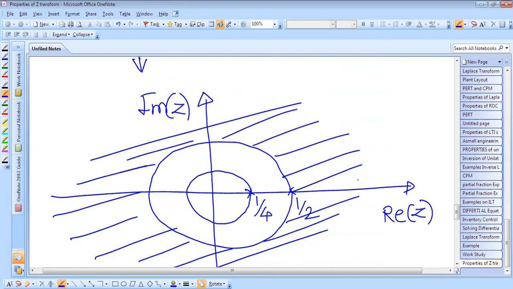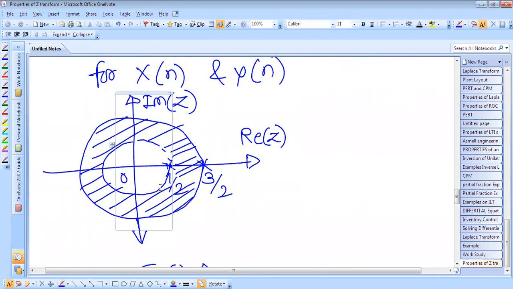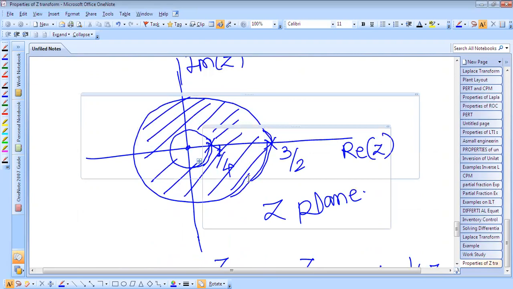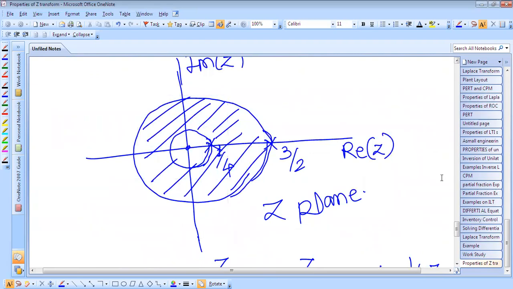You can see, this is the ROC of the first x of n, this is the ROC of the second function, and this is the ROC of the addition of the signals. So we can say the ROC is larger than the intersection of the individual ROCs, because the term half raised to power n u of n is no longer present.